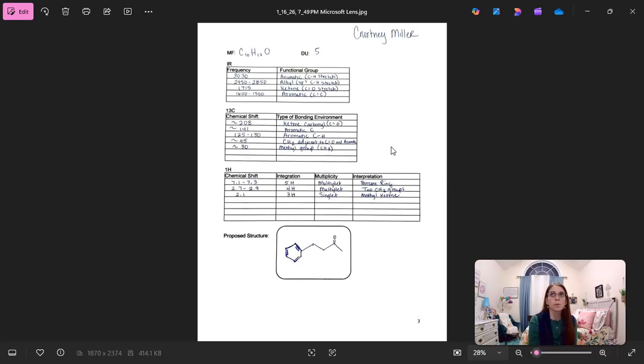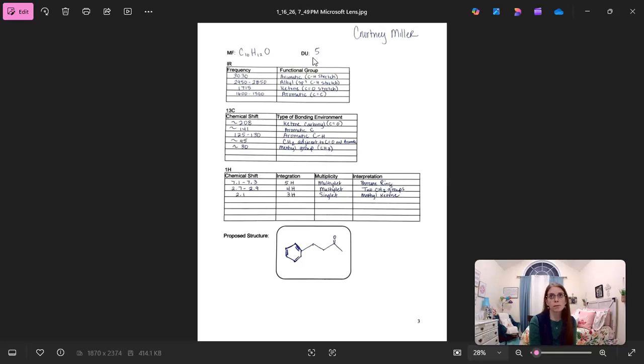The molecular formula for this compound is C10H12O. To calculate the degrees of unsaturation, I use the formula degrees of unsaturation equals C minus (H over 2) plus 1.